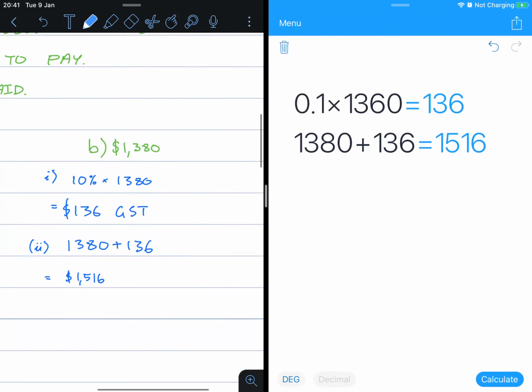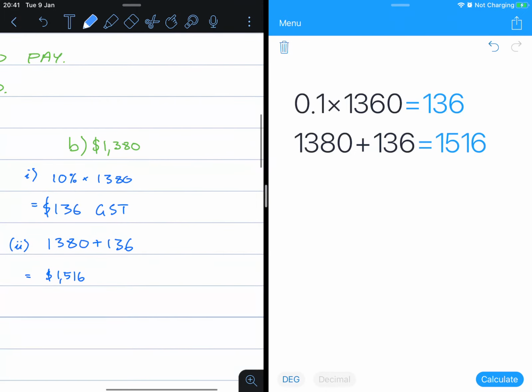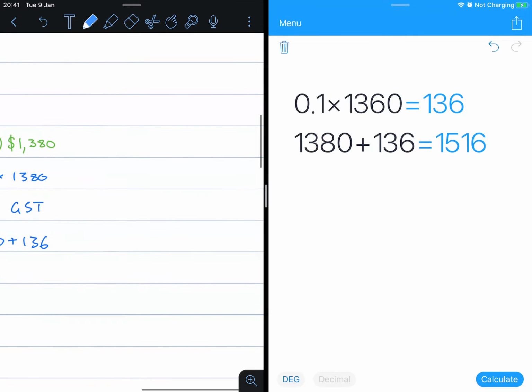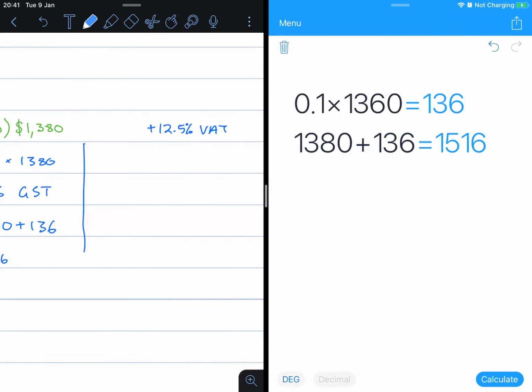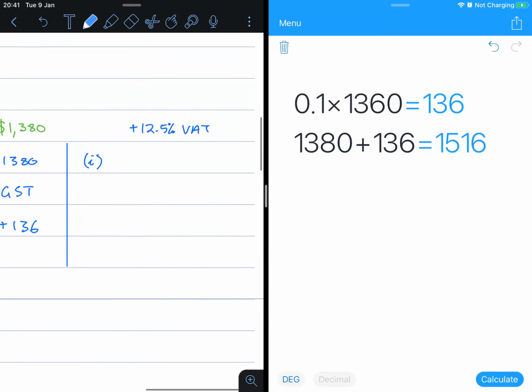Now, just for an extra bit of knowledge here, just to see a comparison with VAT, let's say we add a VAT of 12.5% VAT to this. Well, let's change the question. Let's find how much VAT that is first.